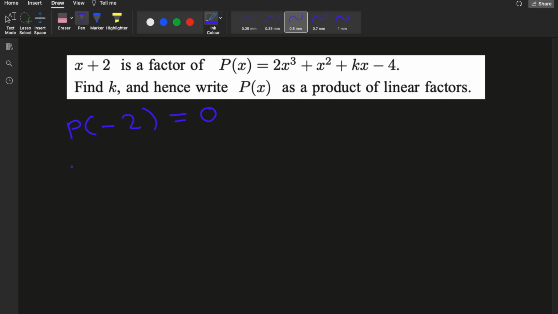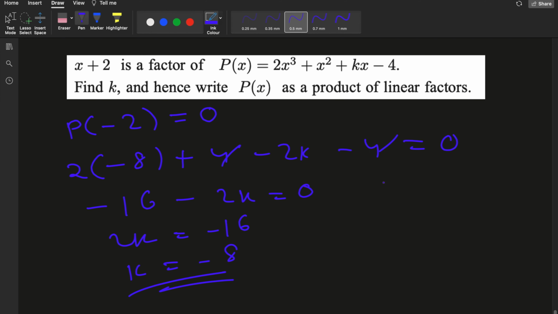So 2 into minus 8 plus 4 minus 2k minus 4 equals 0. 16, 4 and 4 get cancelled, so 2k equals negative 16 and k equals negative 8.